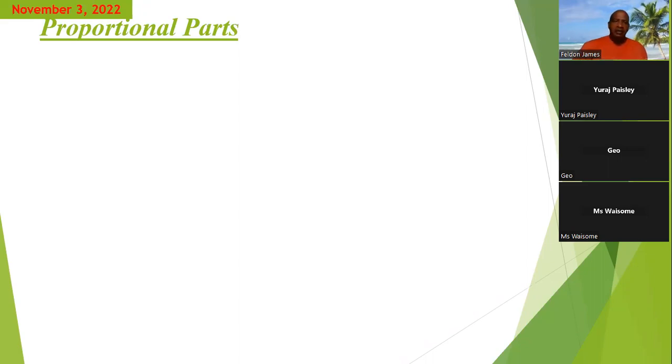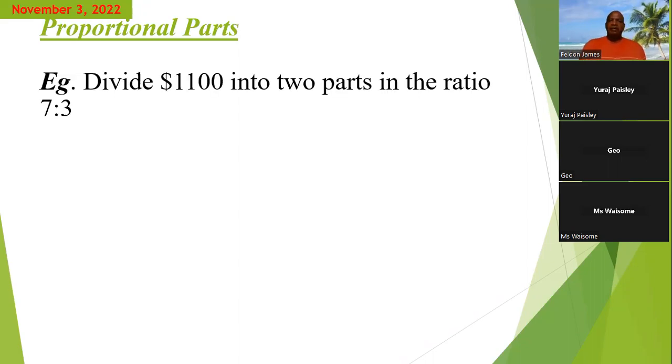So if you have, say for instance, $1,100 and you're asked to divide it into the ratio of 7 to 3, it means that you now have to share this money in the correct portions.